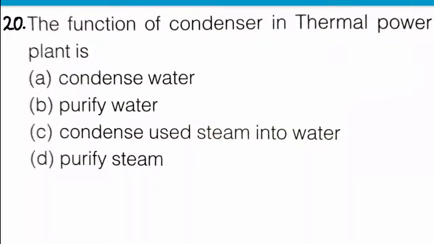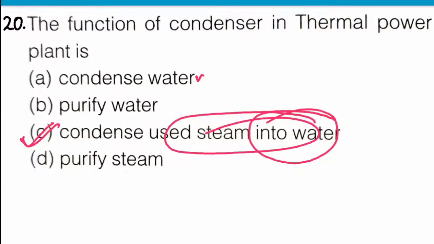Next question, the function of condenser in thermal power plant is to condense used steam into water. This one is also correct, but used water is not the right phrase, used steam is.